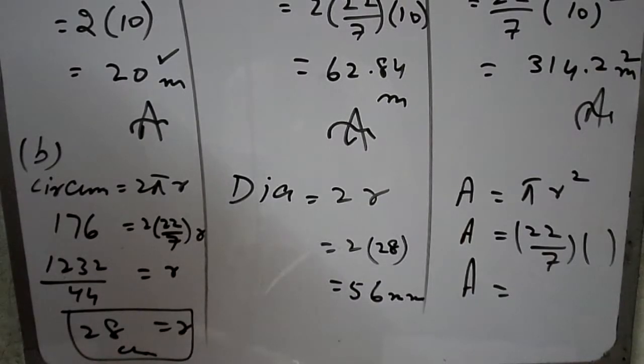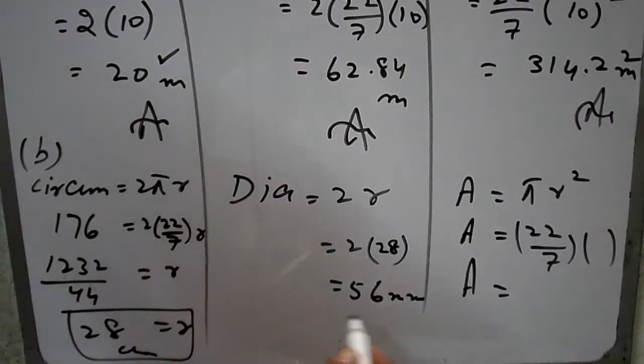Okay, so similarly coming to this, that is circumference is given, because I have written here centimeter. Let me check here. You can see it is in millimeter, so that is your radius is r. Now coming to the next part, area.